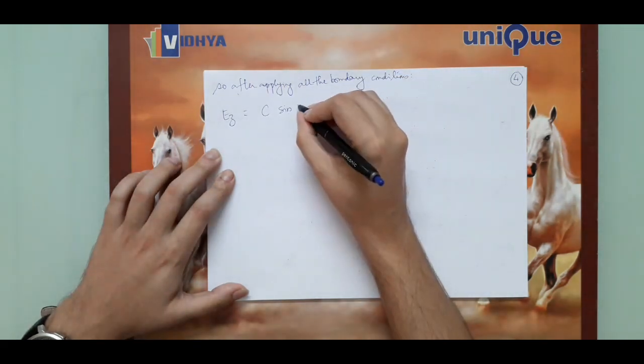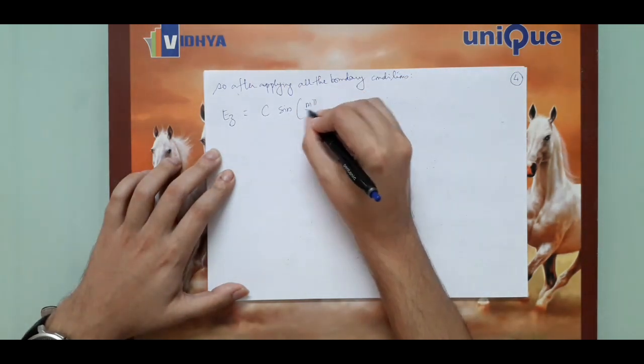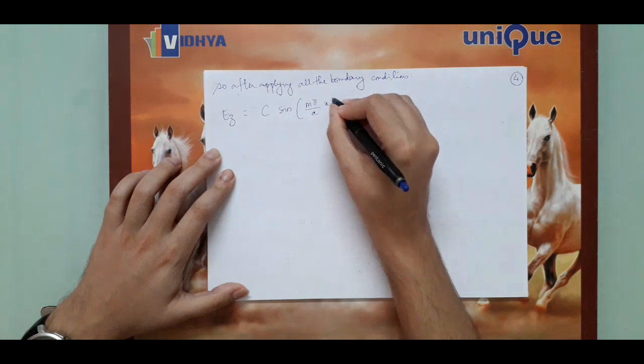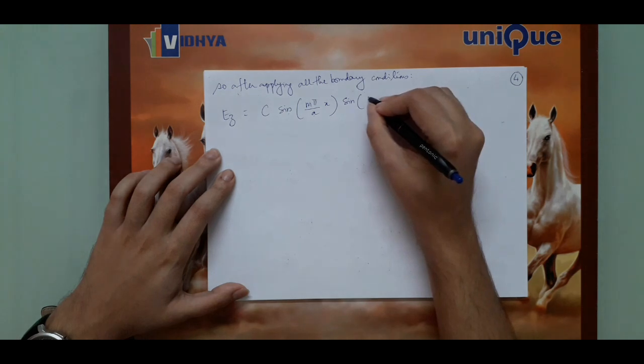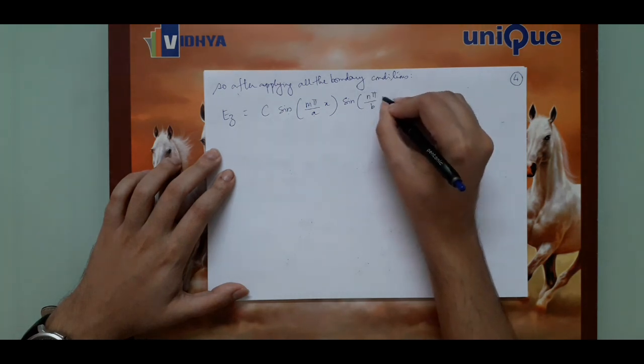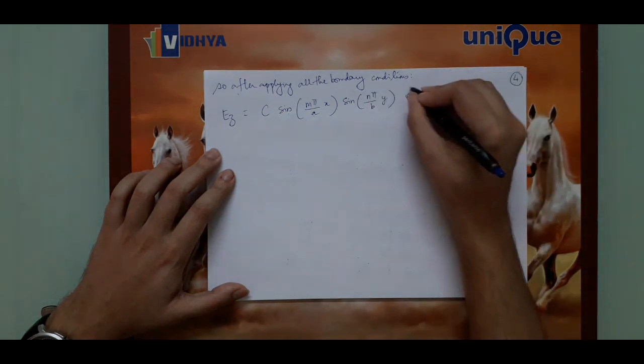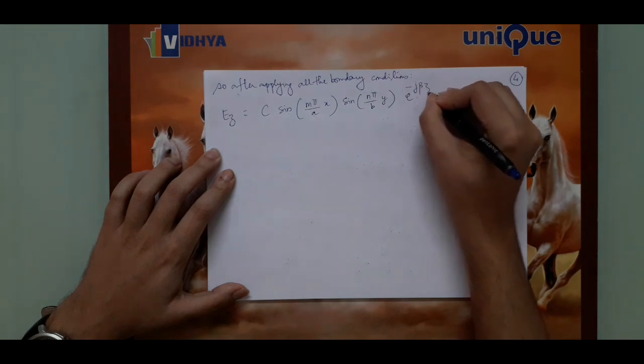Now we already know what A is, that is m pi by a times x, sine By, which is n pi by small b times y, into e raised to minus j beta z.